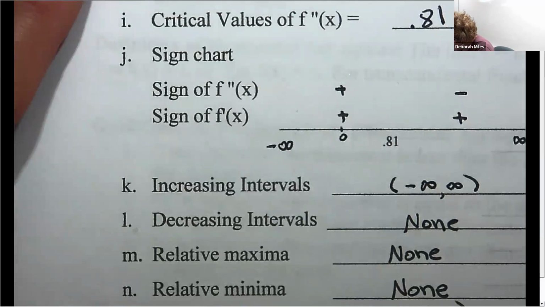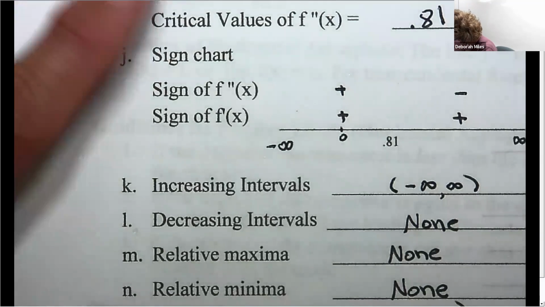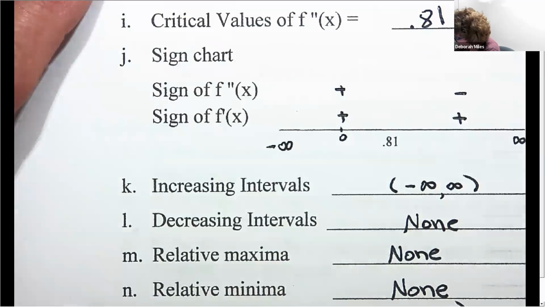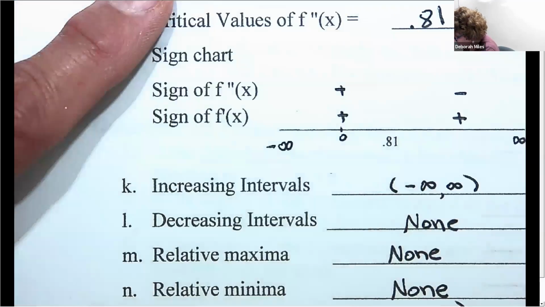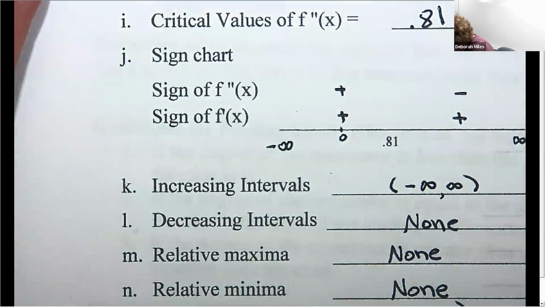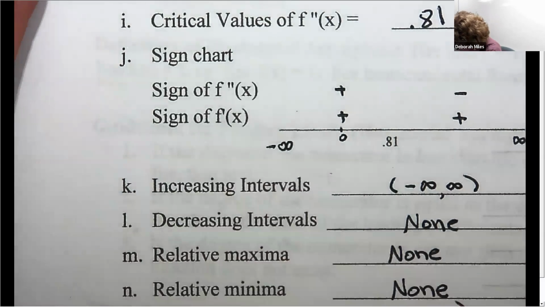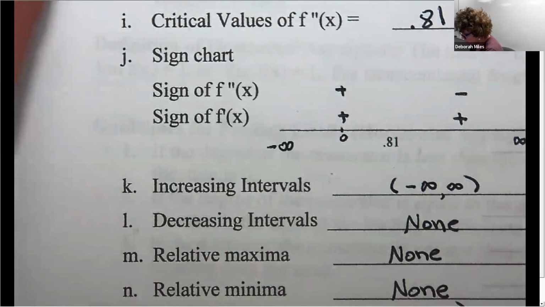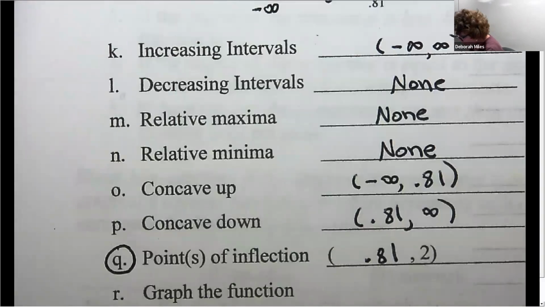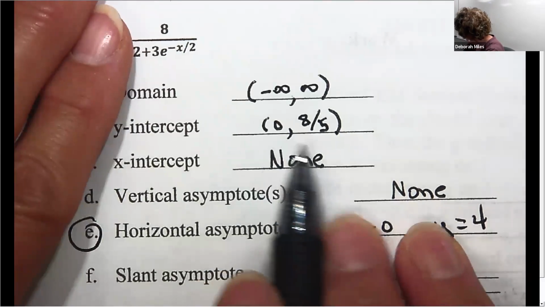All right, how many points and lines do we have? B gives us a point. E gives us 2 horizontal asymptotes. Q gives us a point of inflection. And that's all. My y-intercept is 0 and 1.6.